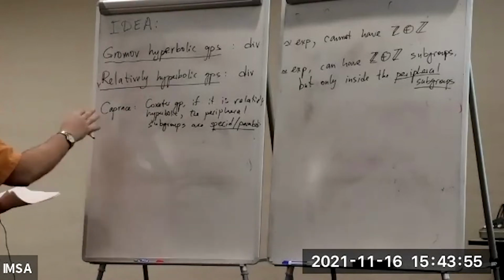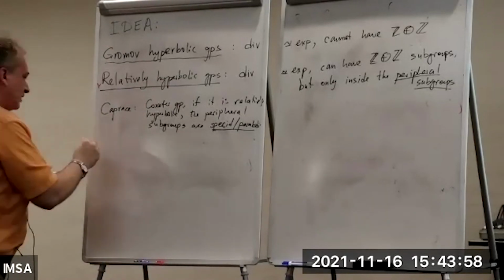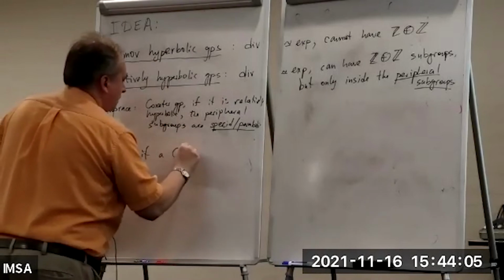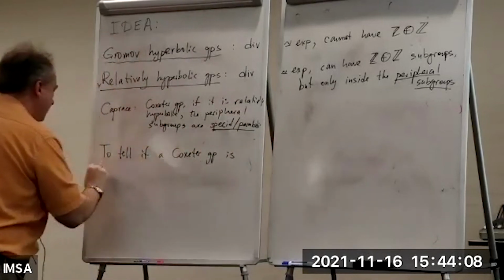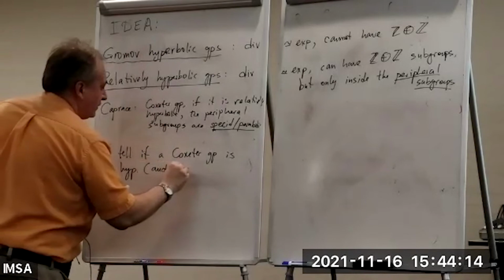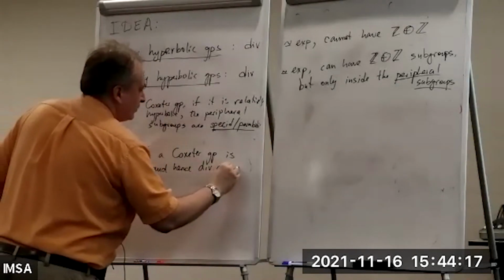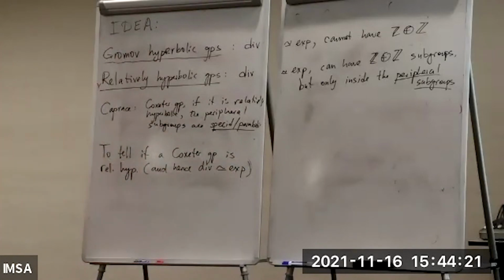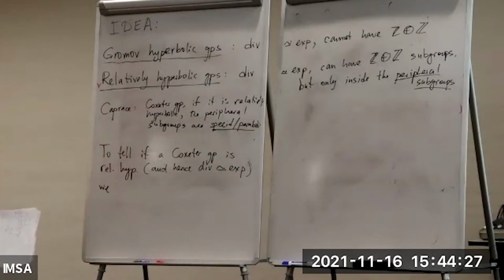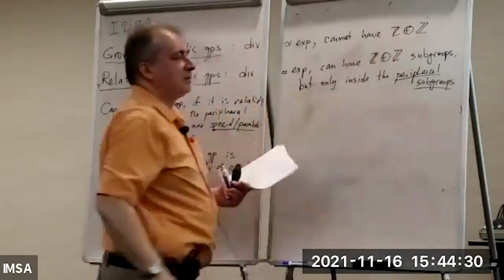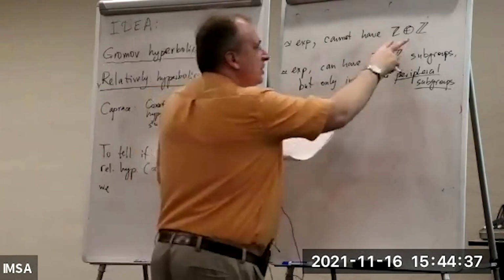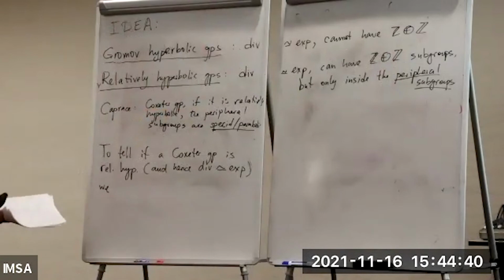So to tell if a Coxeter group is relatively hyperbolic, and hence the divergence will be exponential, we start with all subgroups of type Z plus Z and try to organize peripheral subgroups which contain them.